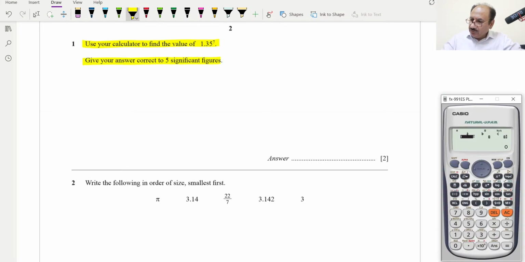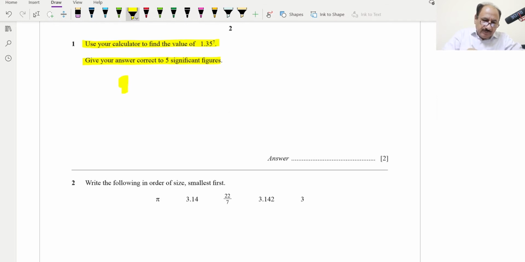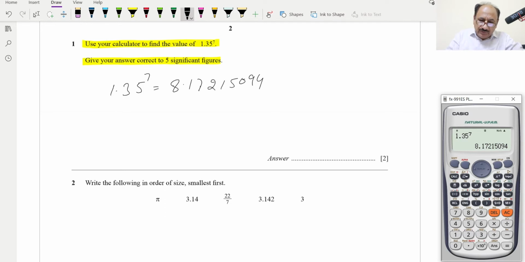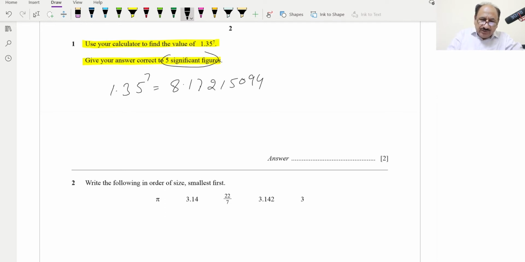So we'll use the calculator for that one. 1.35 raised to the power 7 will be equal to 8.17215094. These are the calculator digits, and they are saying up to 5 significant figures.